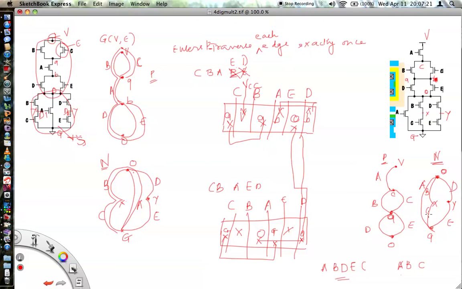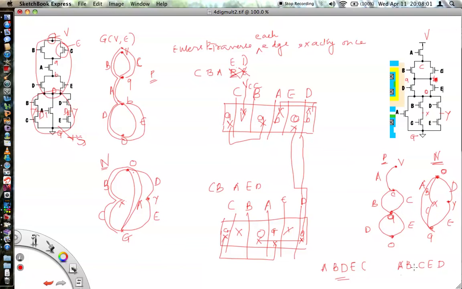So let's start for the N structure first, then A, B, C, E, and D. Let's see if we can find the same for the P structure. So if we start with vertex V, we can go to vertex C via A, then we can have B, and then if we take the same path that we took for N, we will end here, and we cannot go to D without lifting up N, so we'll get a diffusion jog.